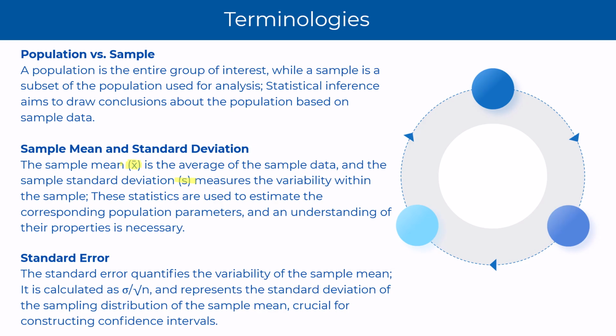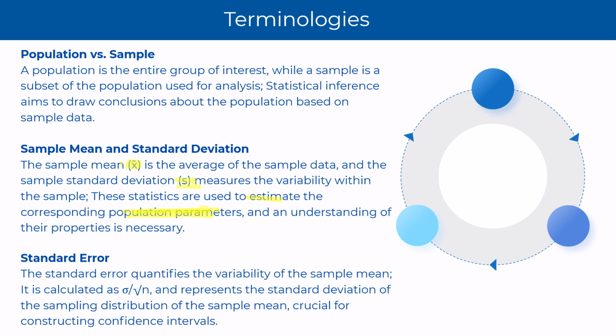You already know the purpose of the mean and the standard deviation as we have talked about that in our previous lessons. These statistics are used to estimate the corresponding population parameters, and the understanding of their properties is necessary.